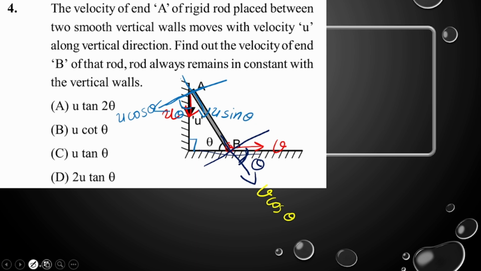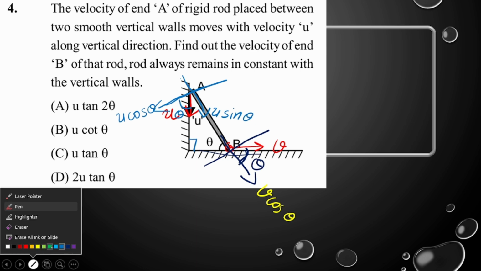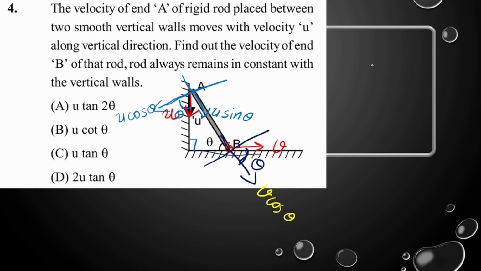Let me draw the figure again more clearly. This is the rod, and this point is having velocity in this direction, which is v cos theta, and this point is having velocity in this direction, which is u sin theta. Can you relate from the figure? And the length of the rod is not changing, which means these two velocities must be equal.